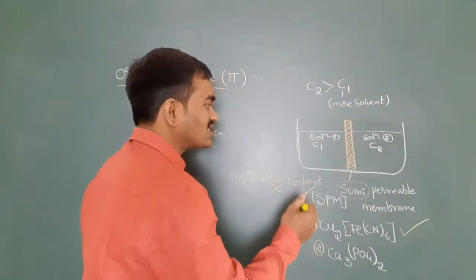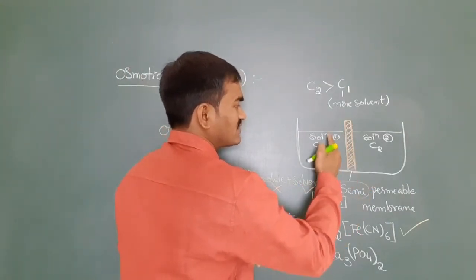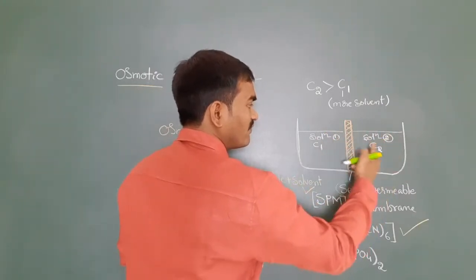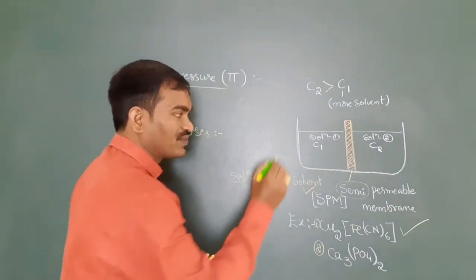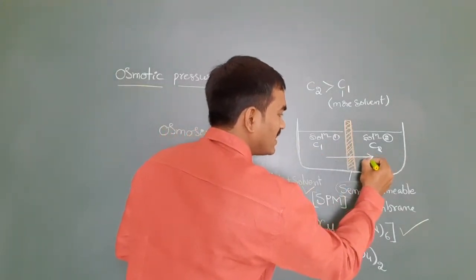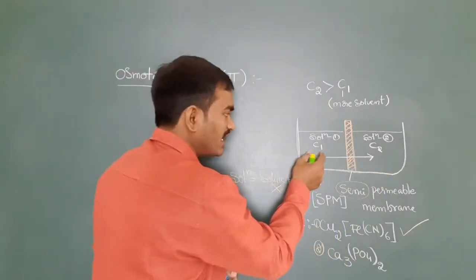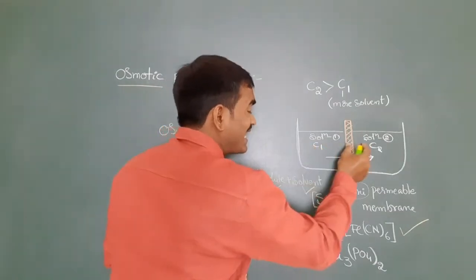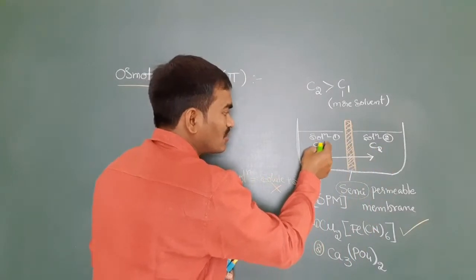Now here what's happening, whenever you separate these two solutions, which we are taking at equal level, with two different concentrations, after some time the solvent particles are moving from here to here. Where to where you have to focus? From low concentration to high concentration solution.